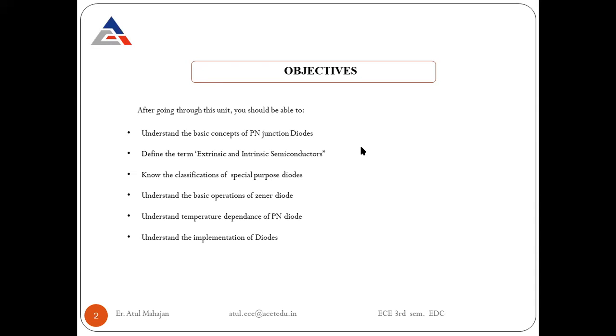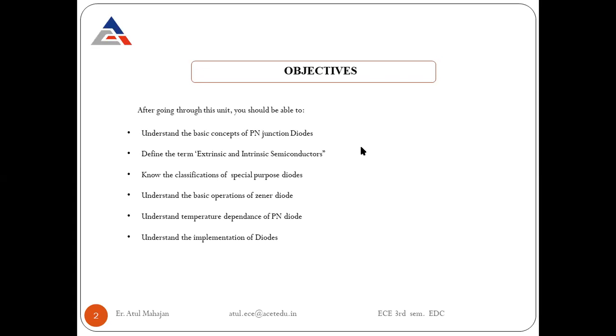The Zener diode has a special characteristic that it works in the reverse bias. Normally, all the diodes work in the forward bias. Now, what is forward bias and what is reverse bias? Forward bias means the positive terminal of the battery is connected with the P-type terminal of the material, and the negative terminal of the battery is connected with the N-type region of the material. That is known as your PN diode, or a forward bias diode.